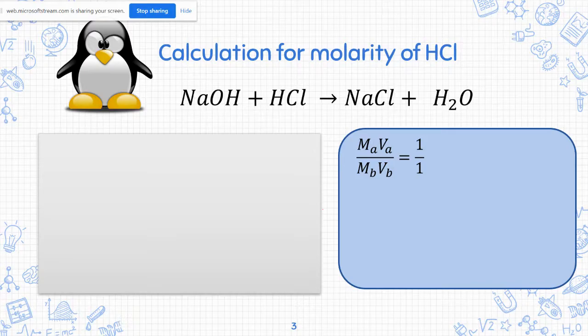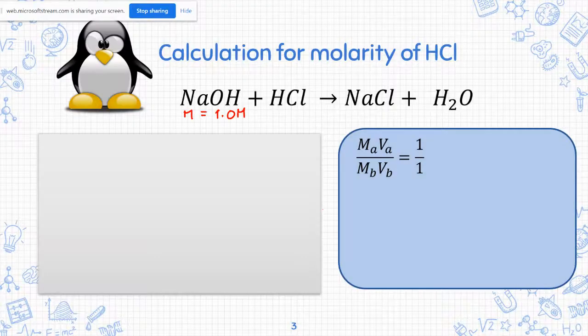Now, let's proceed with the calculation. In this part, the average volume just now was 25.20. From the given value of NaOH, what do we know about NaOH? The molarity was 1.0 and my average volume was 25.20 milliliter.